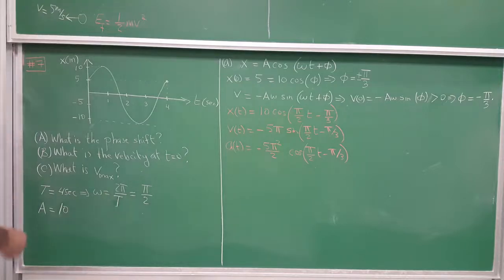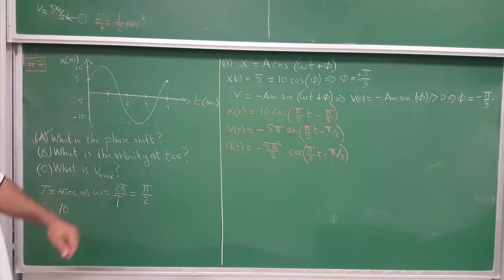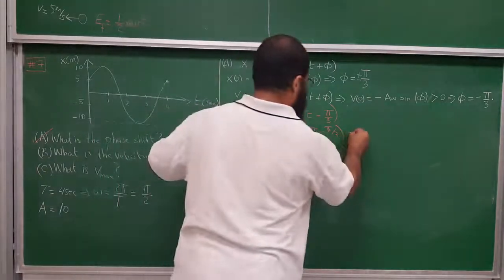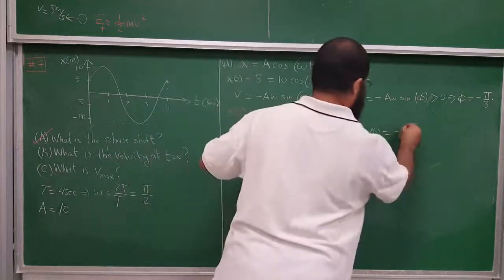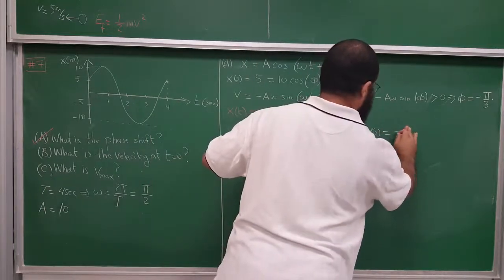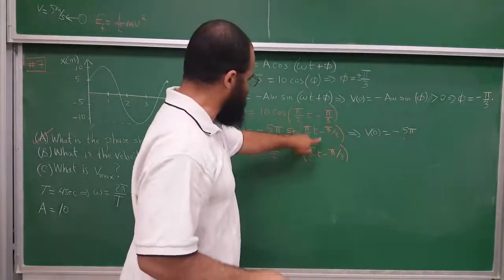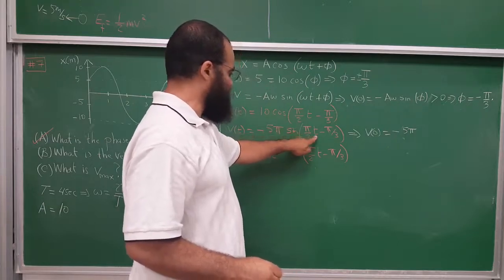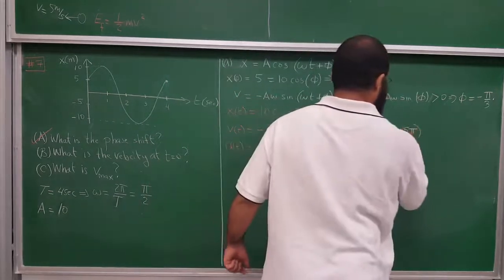We answered this: what's the phase shift? Now it says, what is the velocity at t equal to 0? Well, plug in t equal to 0 and see what you get. The velocity at t equal to 0 will give us negative 5 pi, and then the sine of, pi over 2 times t at t equal to 0, that's a 0, so the sine of negative pi over 3.